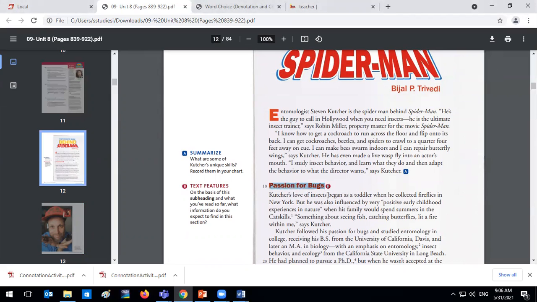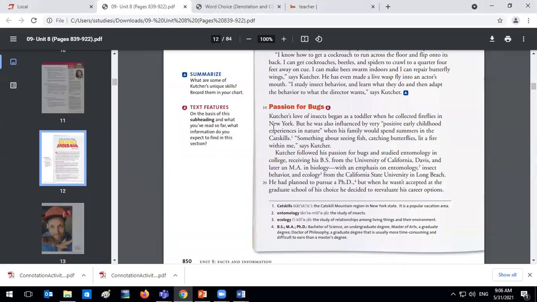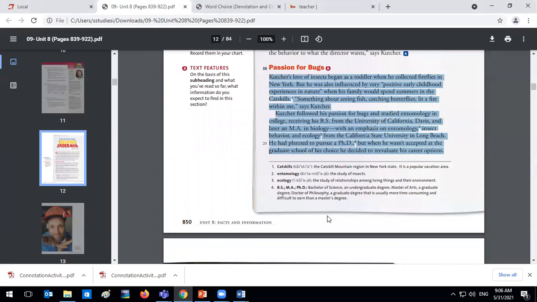He goes on to tell us that he got this passion for insects. This is a subheading, remember? It tells you that this entire section is going to discuss how his passion or love for insects started. He shares with us that ever since he was a toddler, when he was very young, he used to collect fireflies in New York, and he used to go to the Catskills, a mountain range vacationing area, where he was fascinated with catching butterflies and seeing the fish, and he was very much in touch with nature.